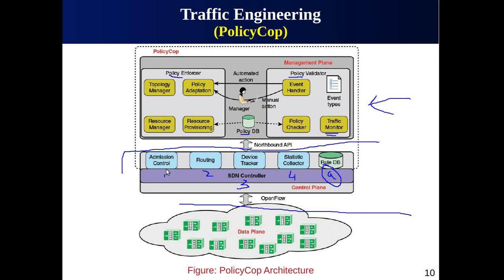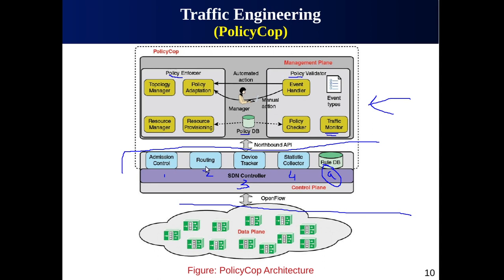The admission control will accept or maybe reject requests from the resource provisioning module for reserving network resources. You see, admission control, if you want to reserve a network resource, then the request must be generated and it is going to be passed through this admission control mechanism, and then it decides based on the policies whether the request should be granted or rejected.